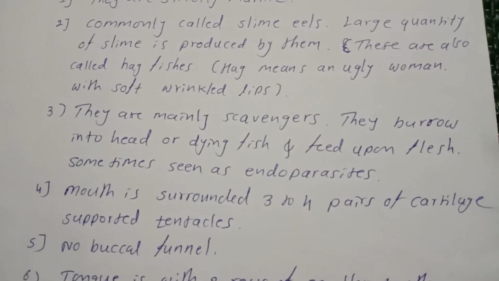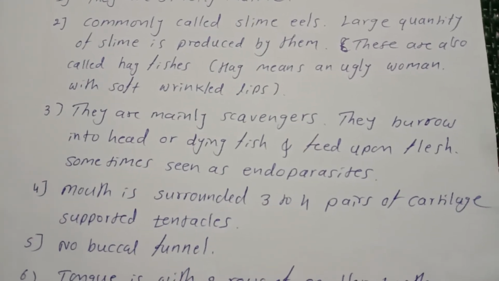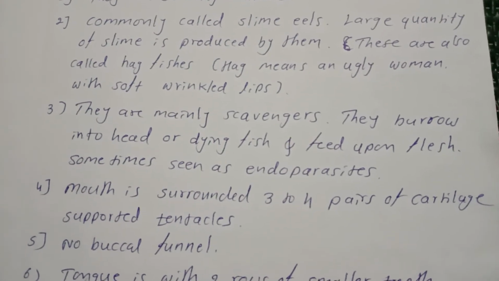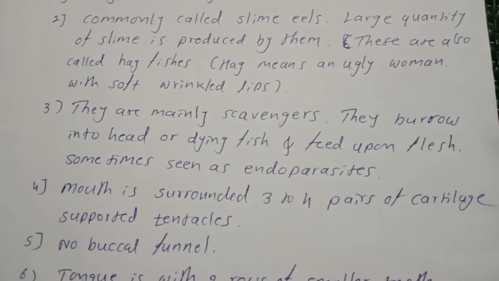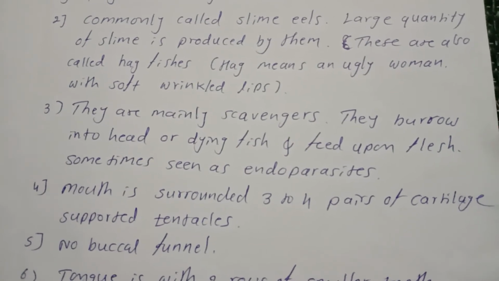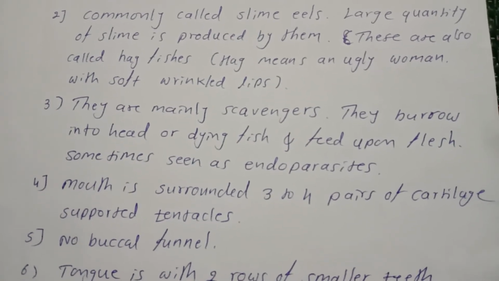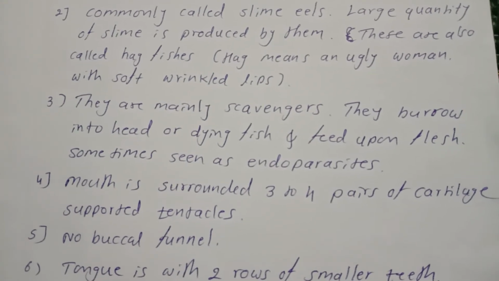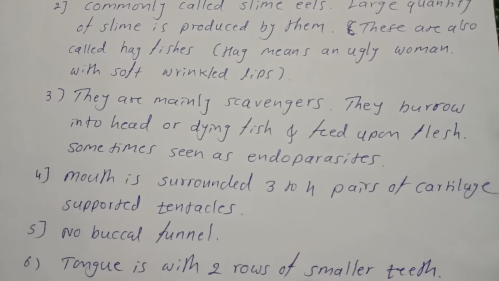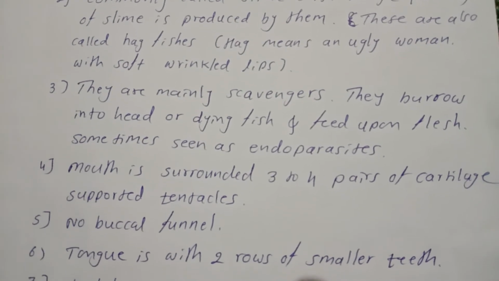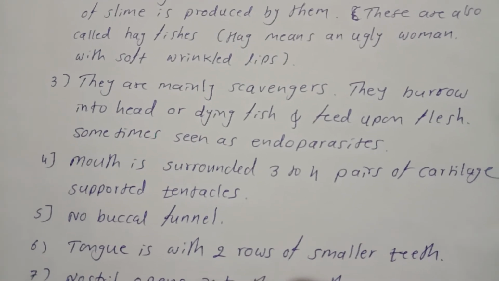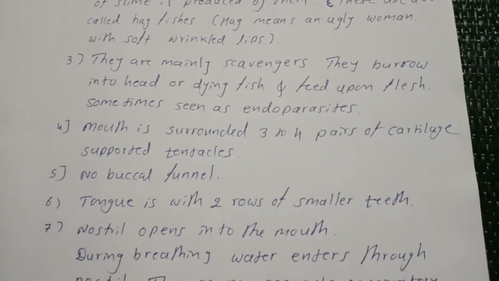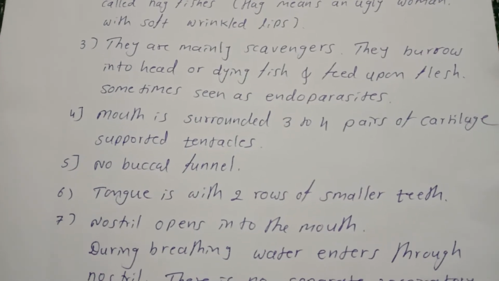Mouth is surrounded by 3 to 4 pairs of cartilage supported tentacles. These tentacles help in the movement of water, which is ultimately taken inside the body. No buccal funnel. Tongue is with 2 rows of small teeth.